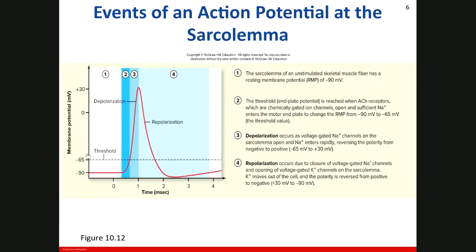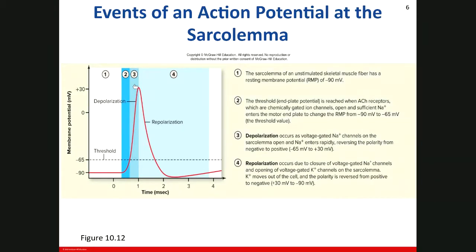When we reach the threshold level, the next step is depolarization. Depolarization means inside our cell becomes positive, and the maximum positivity which we have here is positive 30 millivolts. When we reach this potential, we have some resistance inside the cell which doesn't let more sodium ions come inside.